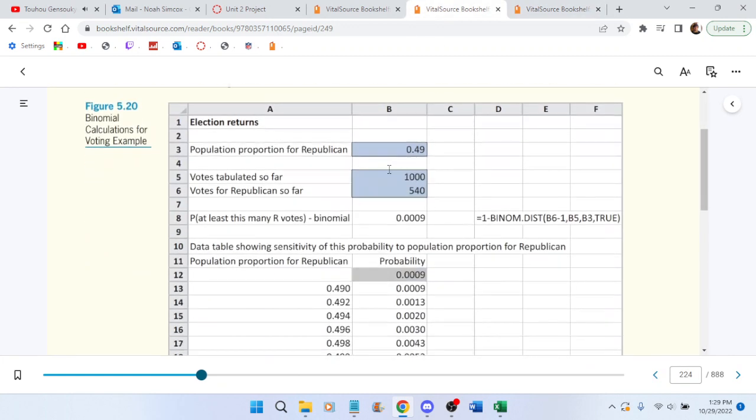But in this case, they're saying, what's the probability that they will be incorrect? Okay, so the real value is this. Your sample value is this. What's the probability of getting this sample value? What's the probability of that?